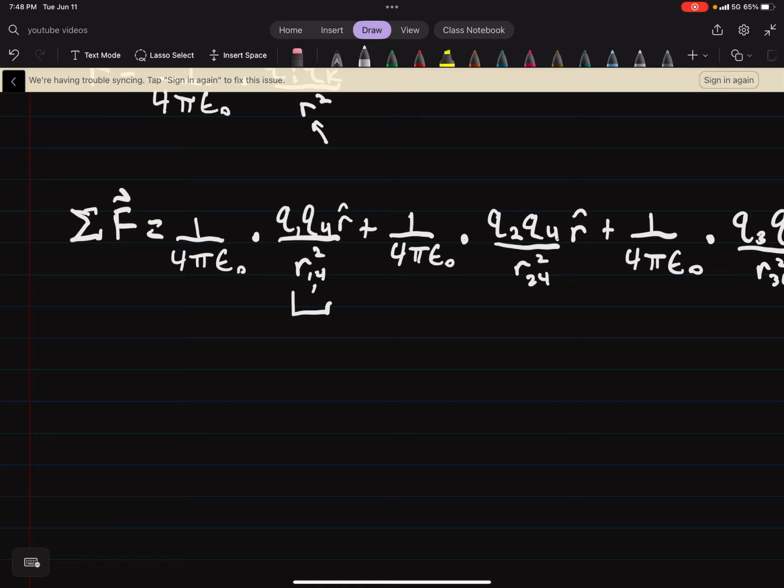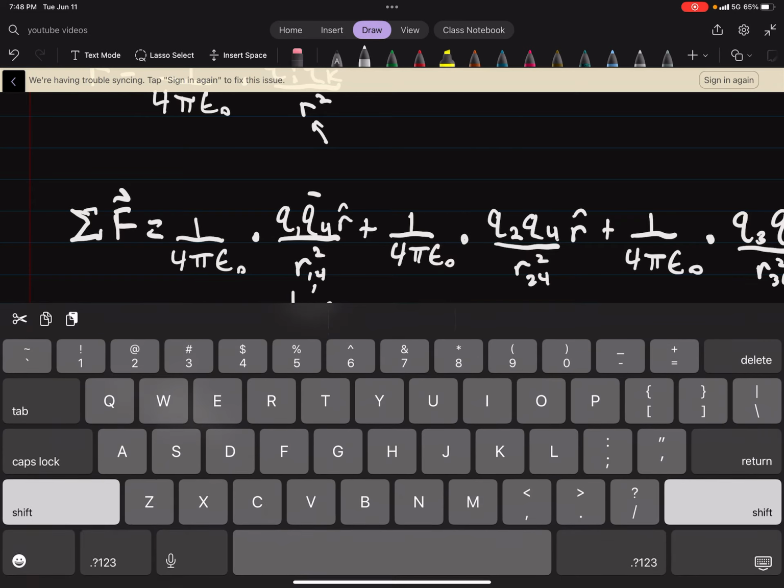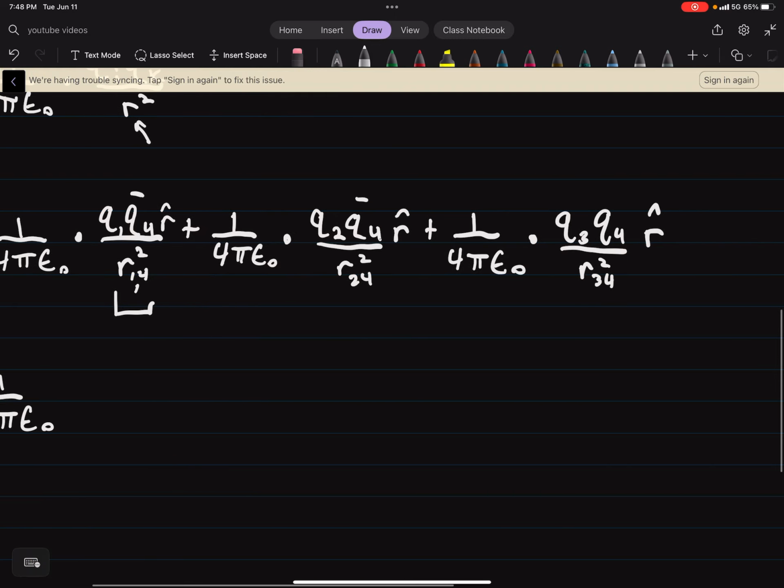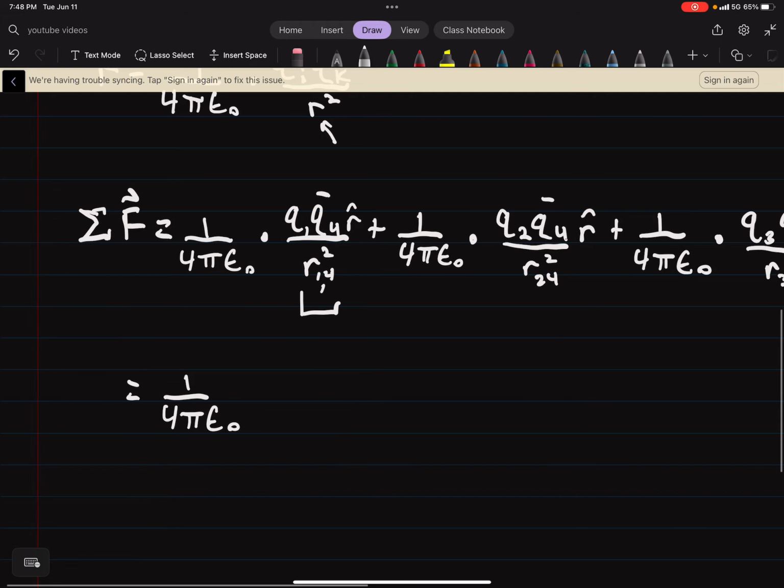You could, for example, factor out a 1 over 4 pi epsilon naught. You'll notice that each term has a Q4. That's the charge feeling the force. You could factor that out. And you're left with the charge divided by the distance between them squared.